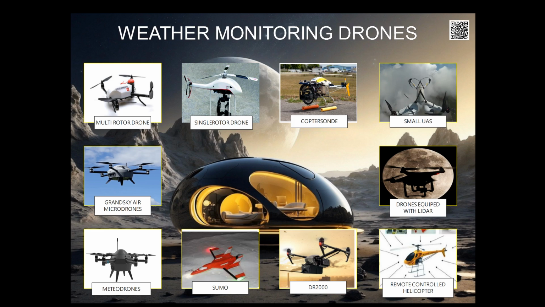Okay, next is drones equipped with LIDAR. LIDAR is a camera which can detect leaks in pipes even if these pipes are underground. They have special capability to penetrate the soil layer.